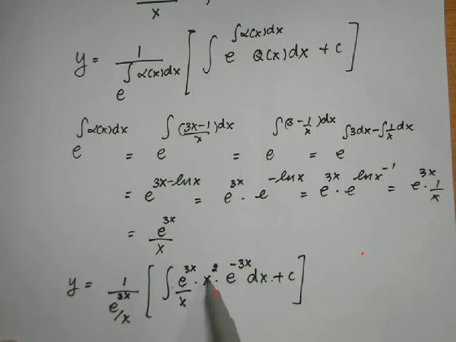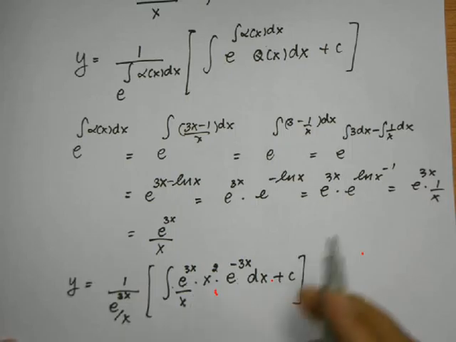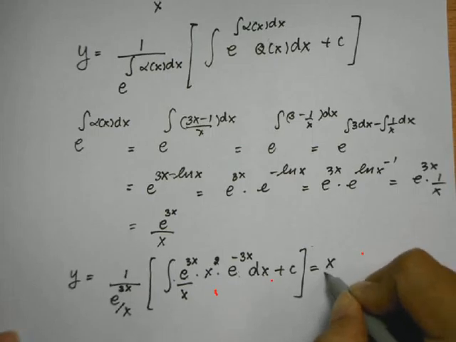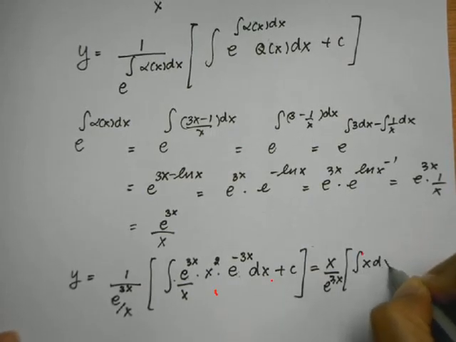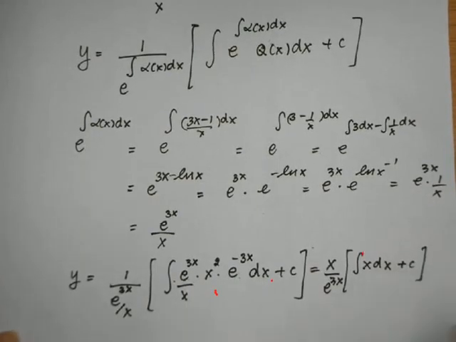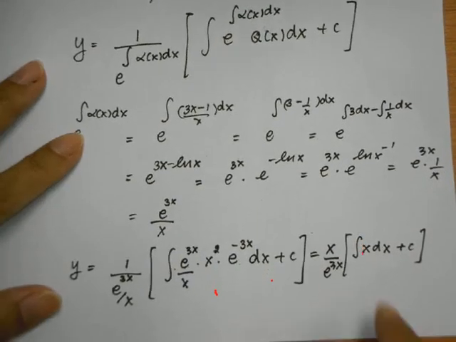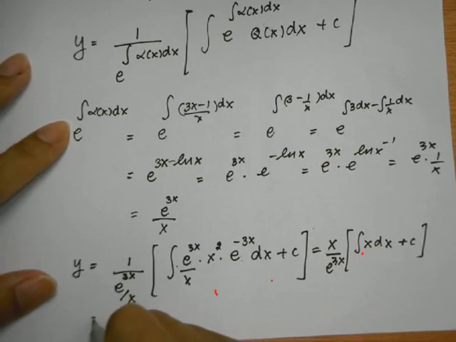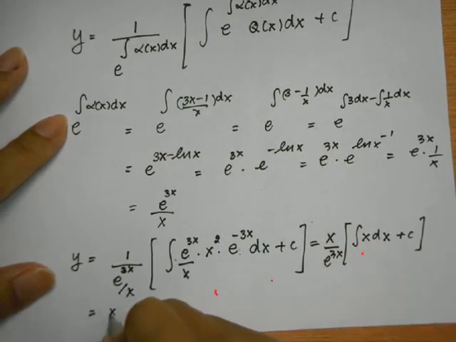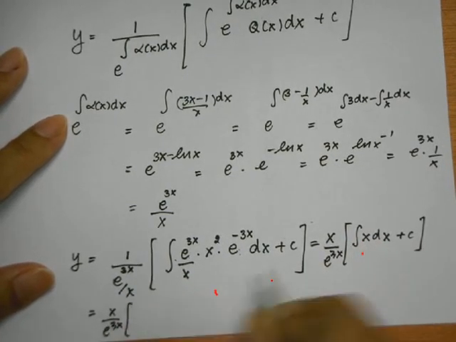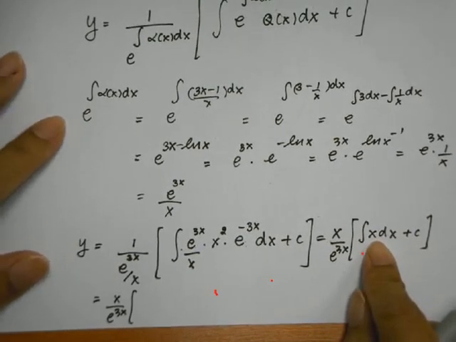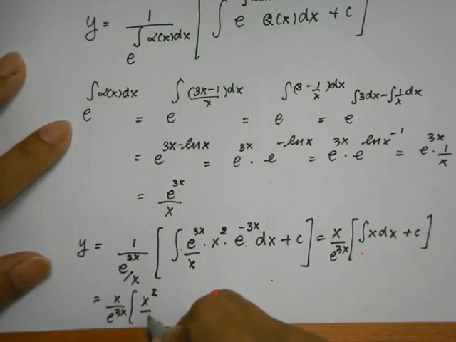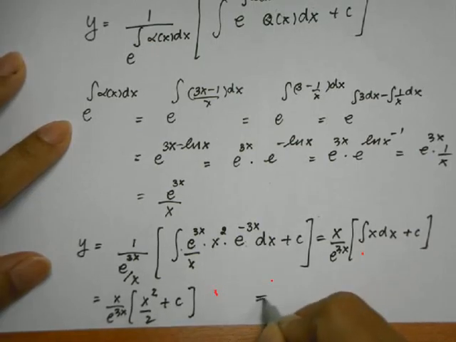Now you have x squared divided by x, which is equal to x. Inside, you have to do the integral first. You would get x squared over 2. That is the answer.